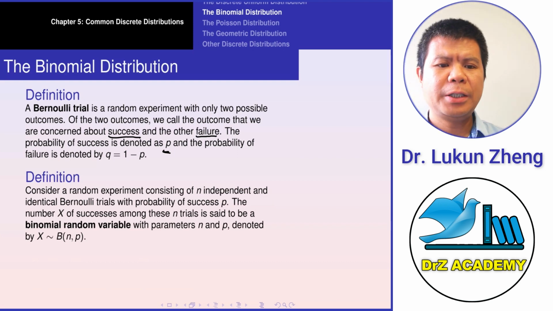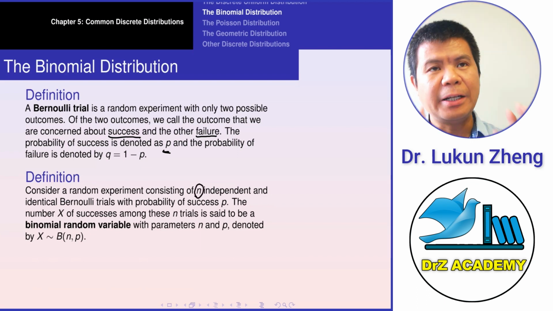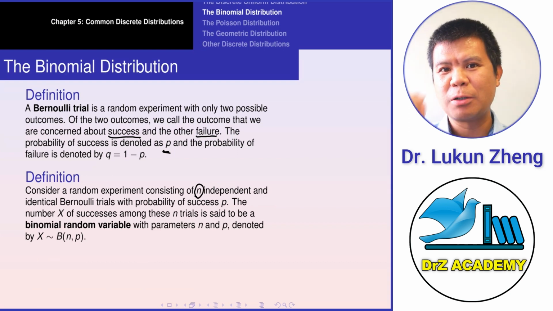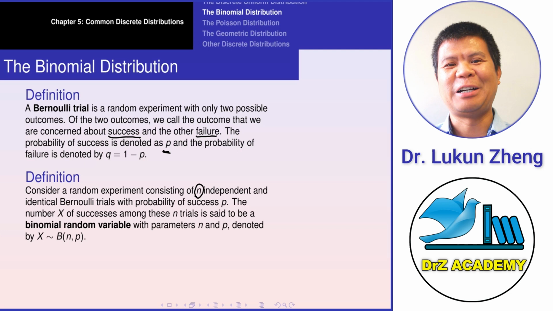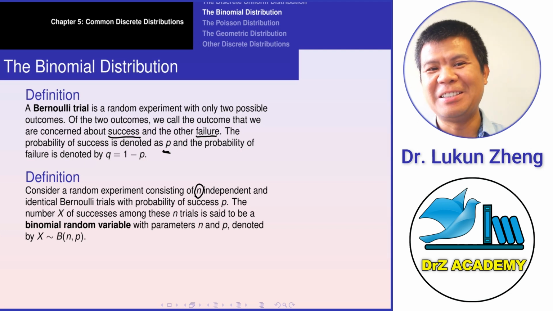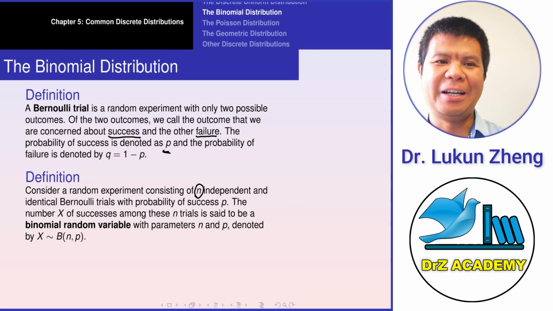Now we consider the concept of a binomial random variable. Consider a random experiment consisting of n independent and identical Bernoulli trials. If you flip a fair coin, once, twice, 10 times, for instance, they should be independent and identical Bernoulli trials with a probability of success p.